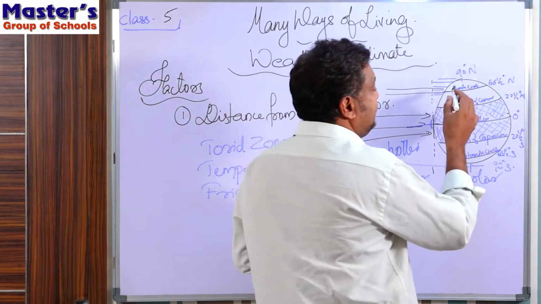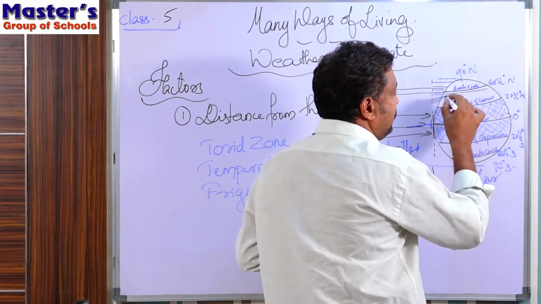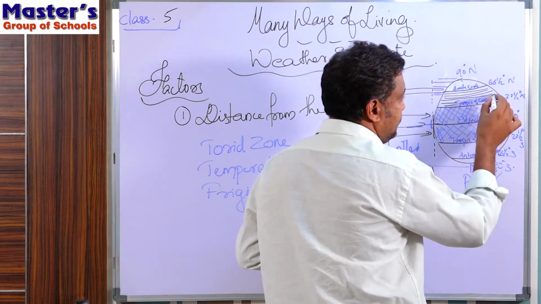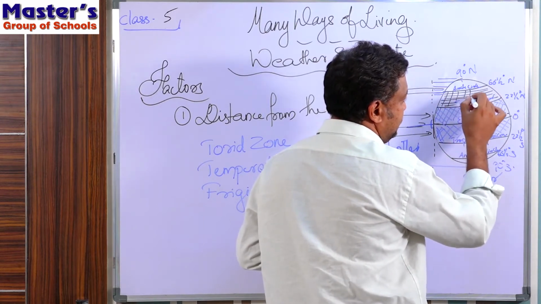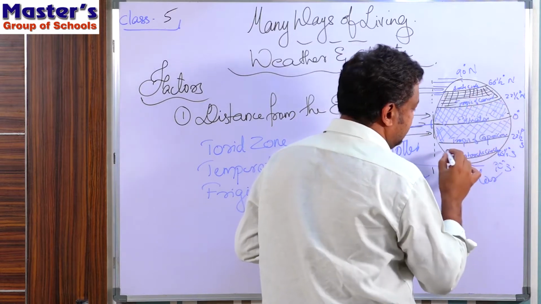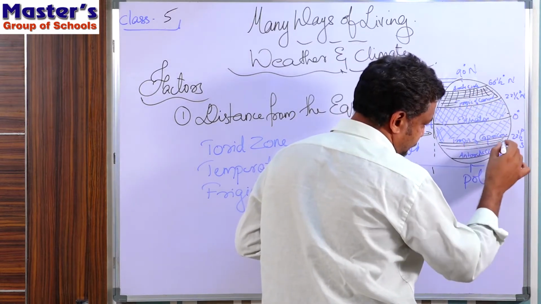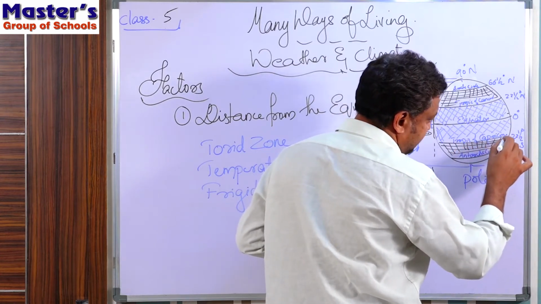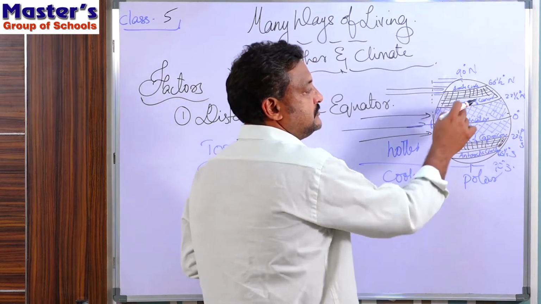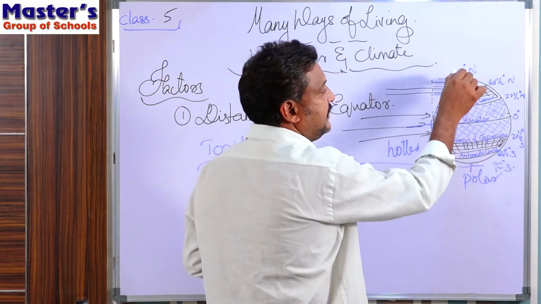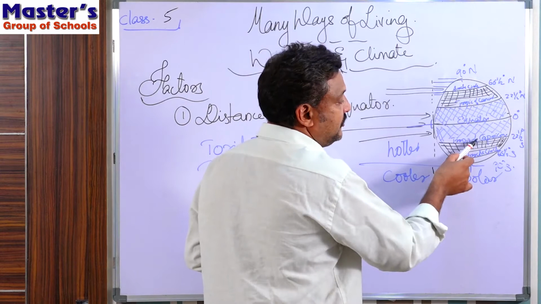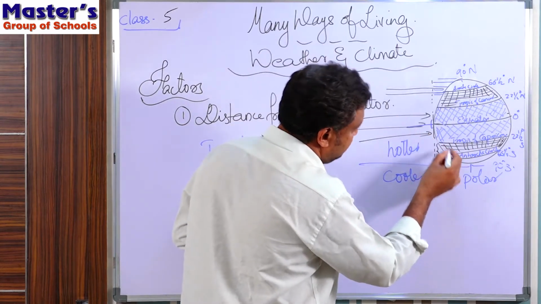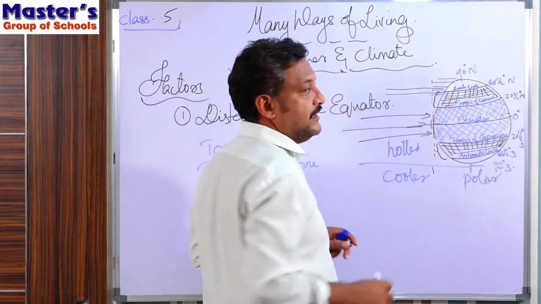So in between the Arctic Circle and the Tropic of Cancer, there is an area. Okay, I am now shading that particular area so that you can easily identify that. Right? So this area in between Tropic of Cancer and the Arctic Circle and the Tropic of Capricorn and the Antarctic Circle is an area. Okay, this area and this area.